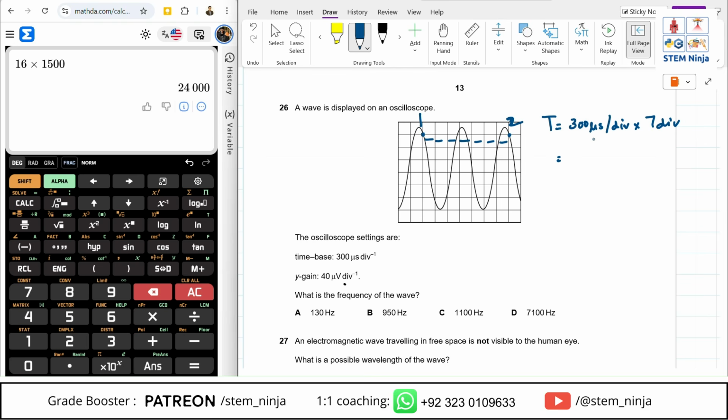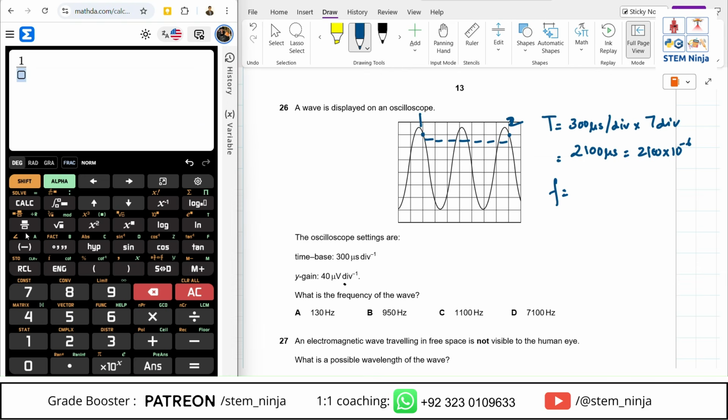So 300 times 7 is 2100 microseconds, or you can write it as 2100 times 10 raised to power minus 6. Frequency would be 1 divided by that. So 1 divided by 2100 times 10 raised to power minus 6. This is 476. This is not correct.